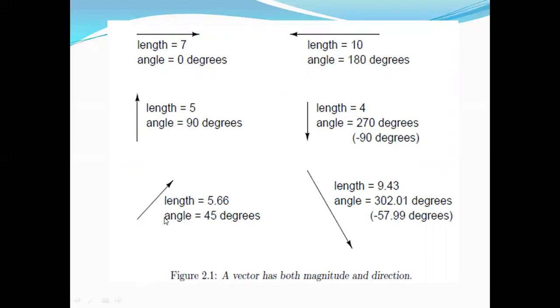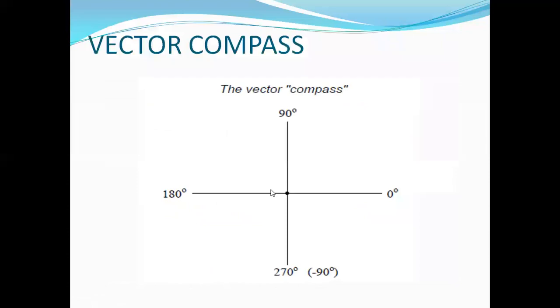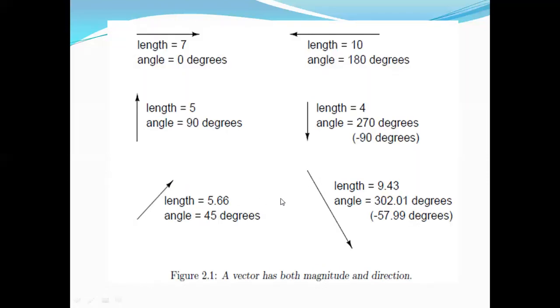Now this is a tilted, inclined one. It makes an angle of 45 degree with the positive x-axis, so you can locate it in the first quadrant. Similarly, here is another vector.